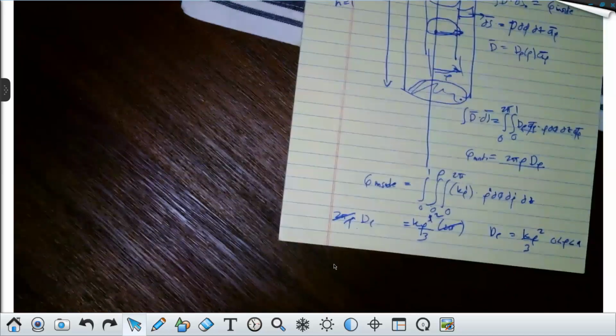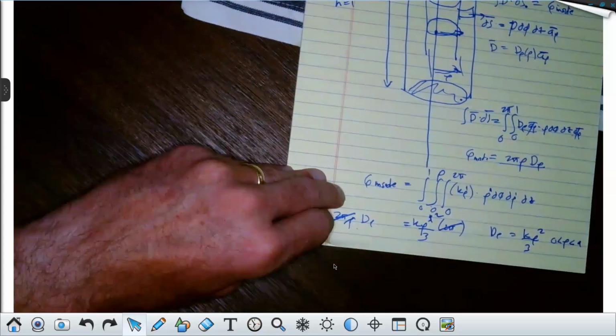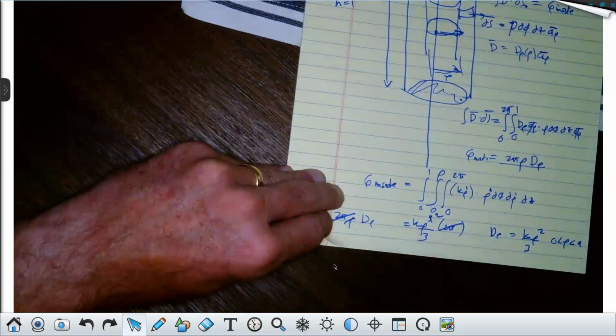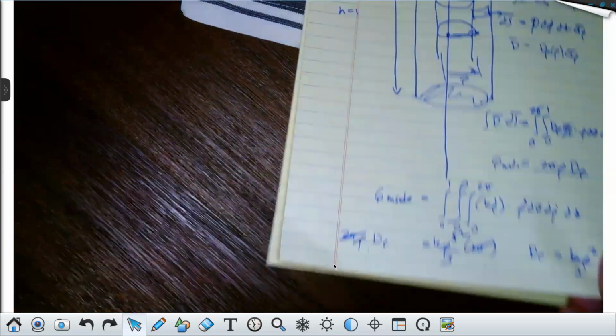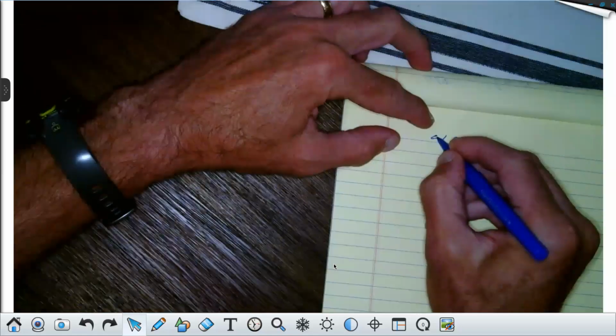Now I have to go for rho greater than a. I'm going to flip the page, if you don't mind. Now for rho greater than a, I'm outside the region where the charge density exists. Correct, class? And I write it down again.